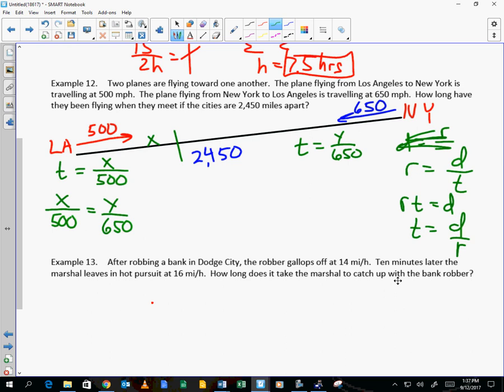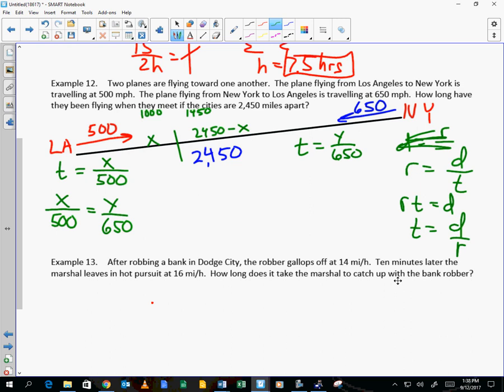So suppose the plane from LA traveled 1,000 miles. How far would the other plane have traveled? What did you do to find that out? You subtract it. So if the plane from LA has traveled x, how far will this plane travel? 2,450 minus x.